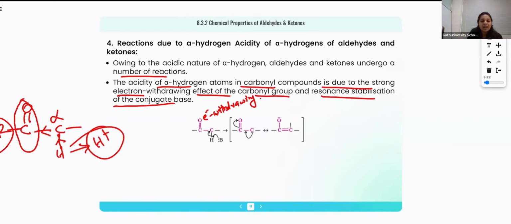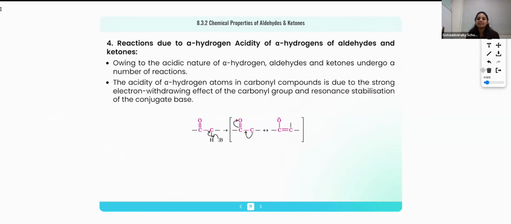When this carbonyl group is withdrawing the electron density on this carbon atom, it is easy to remove this alpha hydrogen as an H plus ion. That's why they are acidic in nature. Got it? See, CO, here the hydrogen is removed by the base. Base means this one is removing the hydrogen. So this one we have is the acid. Then you will get the corresponding species.